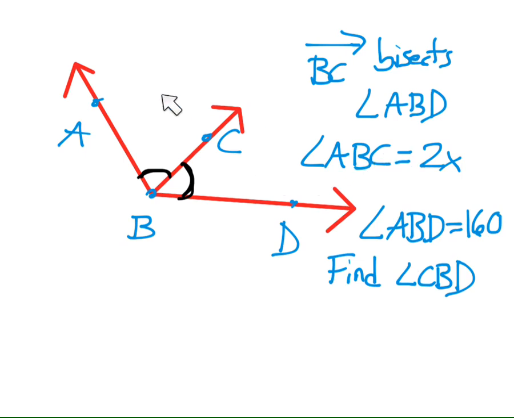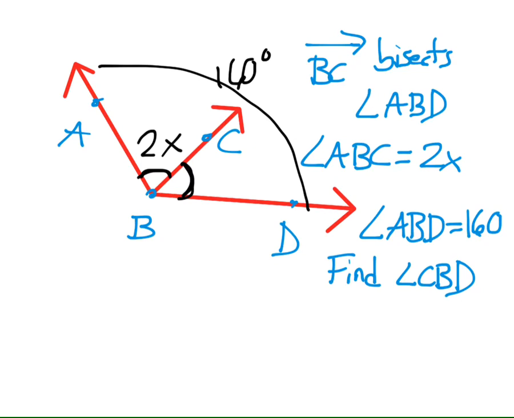First tells me angle ABC is 2x. So I'm going to put that in my problem. ABC is 2x, that angle. It tells me ABD, A to B to D, so that entire big angle is 160. So I'm just going to kind of write this out here. I know that whole thing is 160. The question is, find that angle.